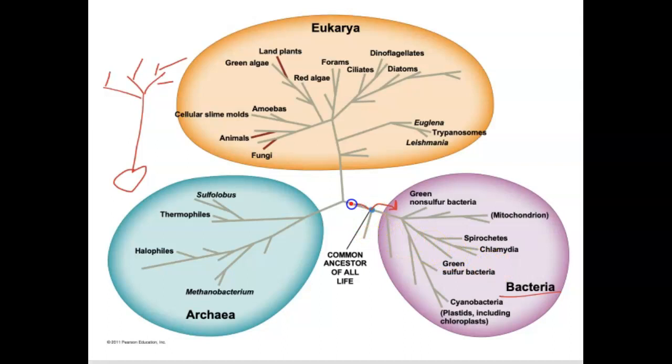The other group went this way, but then it split. One split went towards the archaea. The other split went towards the eukarya. So eukarya, believe it or not, are more related to the archaea. There's closer relatedness between these two groups because of traits than we would see between the archaea and the bacteria.